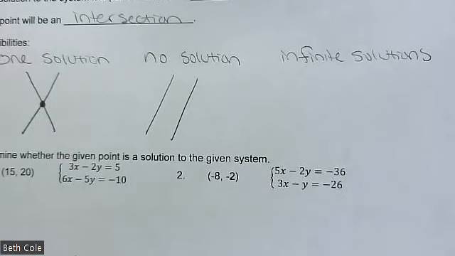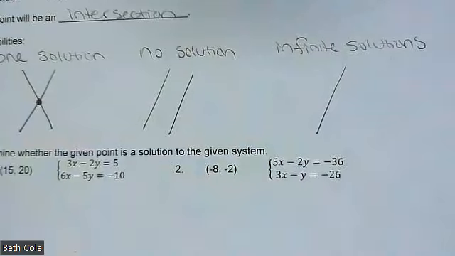So when you draw it, it looks like you're only drawing one line, but it's technically two lines, one right on top of the other. I don't know how to draw that and make it look like two, but you get what I'm saying? So they intersect everywhere, and so you get infinite solutions. Every point ever is an answer, right?